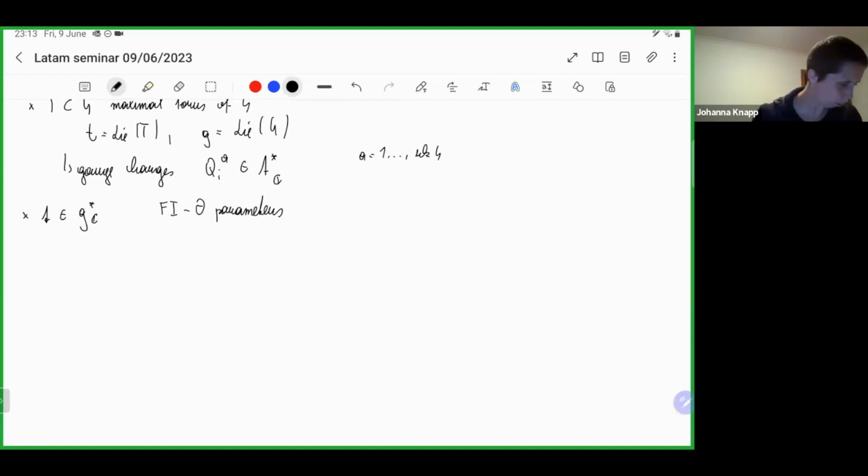And they are complex parameters, and they get an index a because you have as many as the dimension of the Lie algebra. So if you only have U1, you only have one. And because they're complex, you can write this in terms of a real and imaginary part. The real part is called the FI parameter.